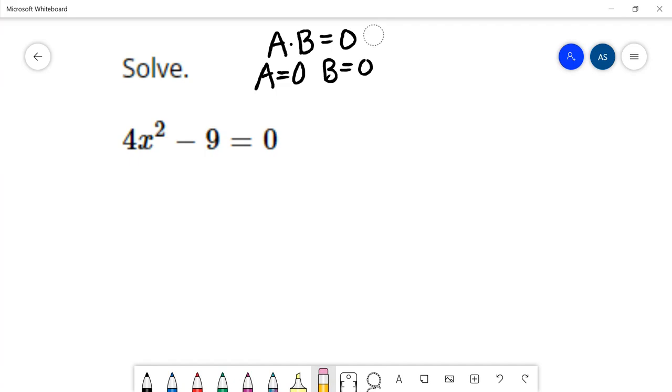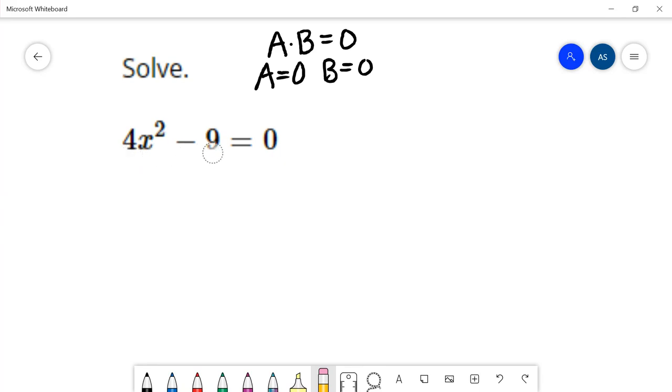So to put it in this format, we need it equal to 0, which we already have. So let's focus on the other side, which needs to be a times b, a factored form. So we need to write this side in a factored form. Factored means multiplied. So I'm going to factor 4x squared minus 9. The first step in factoring is always greatest common factor.